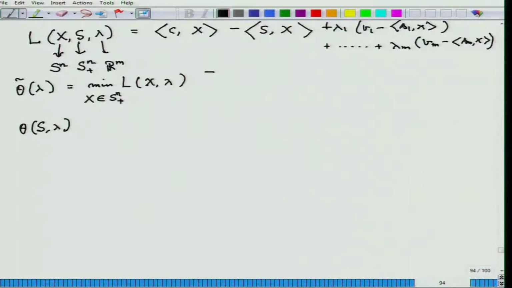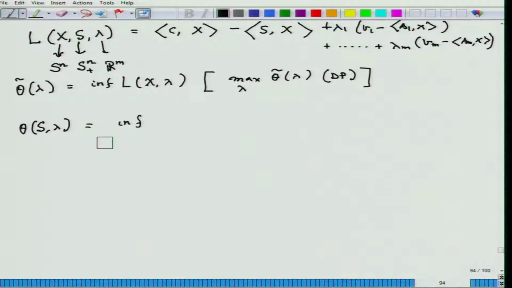Then my dual problem is to maximize theta hat of lambda over lambda. This is my dual problem. I can also write this as min, or rather I should write inf, but it does not matter. If there is no point where the minimum is achieved, then of course that is the infimum. Here my infimum is not over Sn plus, but over Sn of L of x, S, lambda.